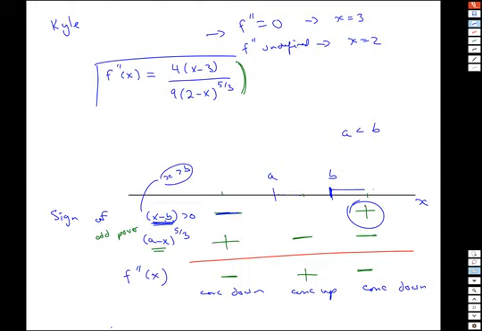When x is bigger than b, I'm over here, and I get a positive value for that expression. If I want it less than 0, so where do I put my negative signs? Well, I'm going to put my negative signs when x is less than b. Oh, well, that's all this stuff. So I put negative signs when x is less than b. That's an alternative approach to that.